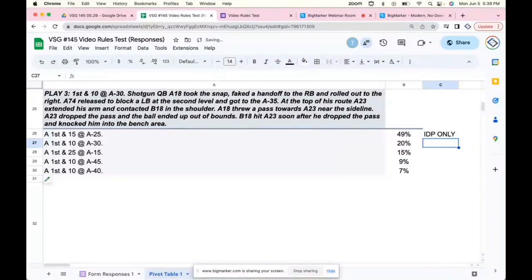Correct. What about 1st and 10 at the 830? They said don't even call anything? No. Offset. How can you offset? It could be a live ball late hit, or a live ball UNR. Let's go back, because that would not be a live ball foul.